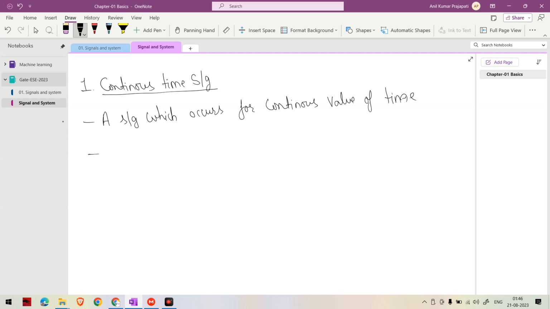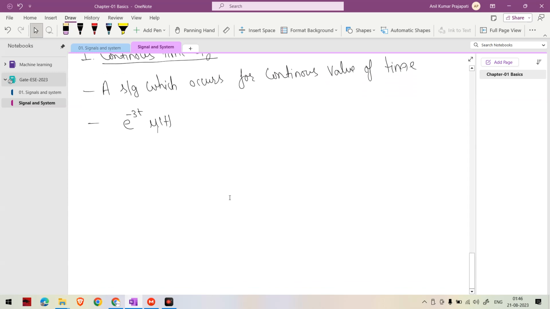For example, if I assume a signal e raised to the power minus 3t into u(t), and you draw this signal, it will be like this.